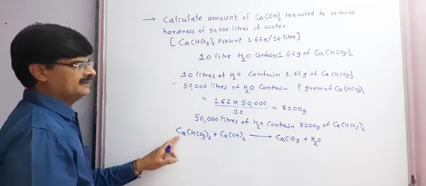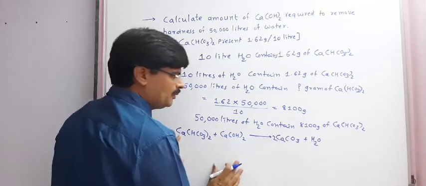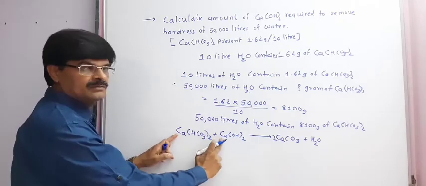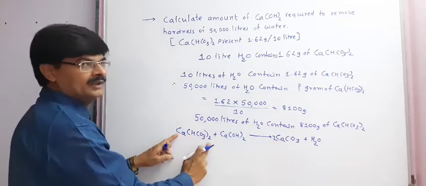To balance this, we can write 2. So first of all, we will check the balance on both the sides. Calcium on left hand side and on right hand side is equal.